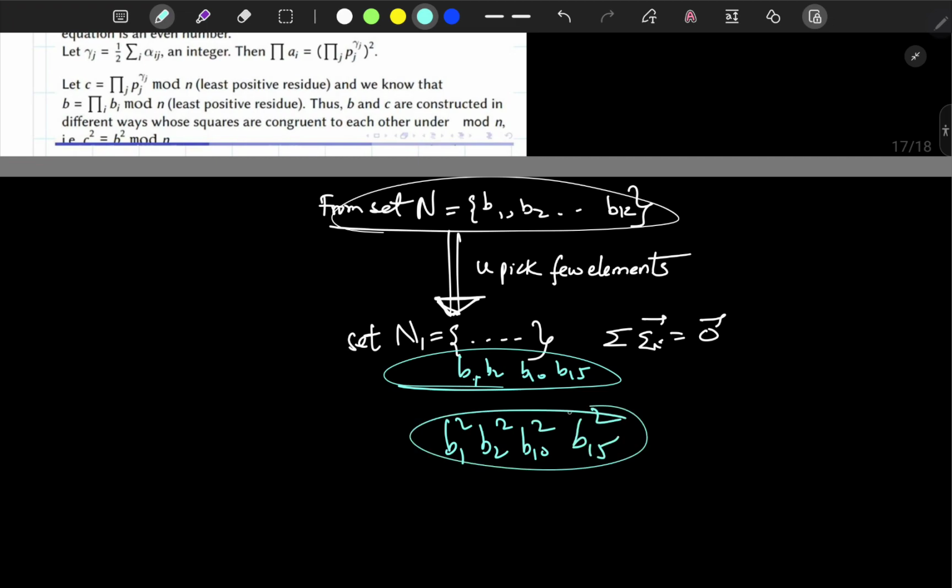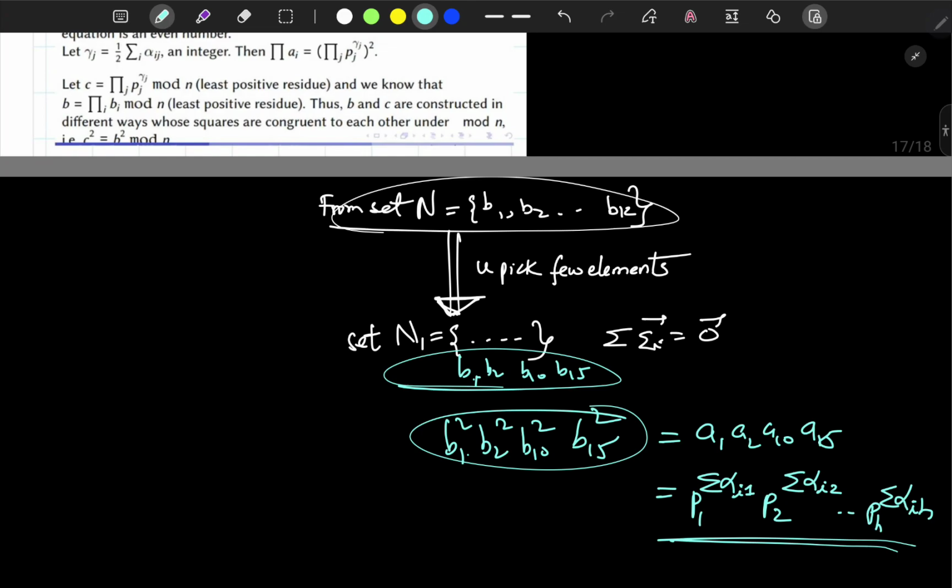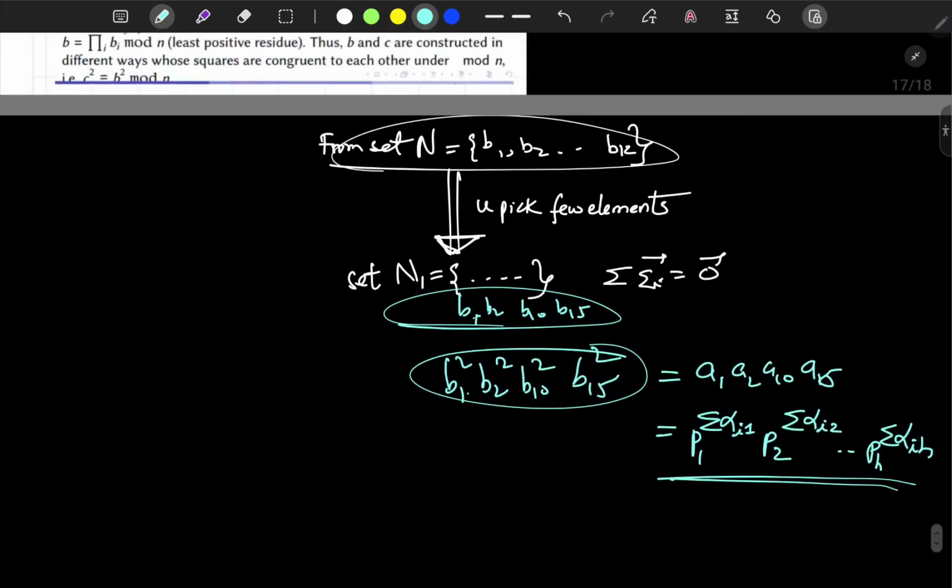This can be written as a1, a2, a10, a15, which can be written as p1 power sigma alpha i1, p2 power sigma alpha i2, and so on, ph power sigma alpha ih. You understand my point? Like that you have to move on.